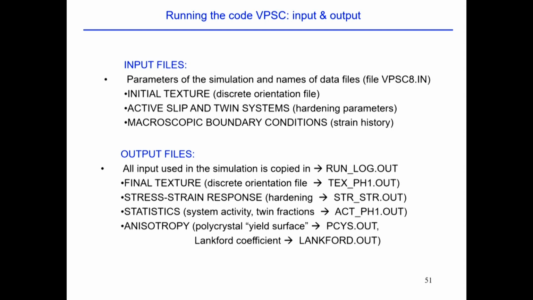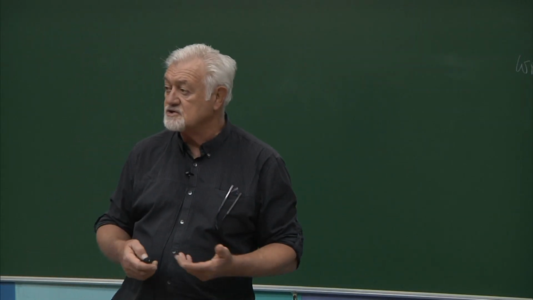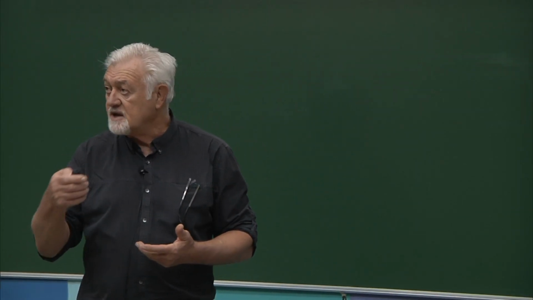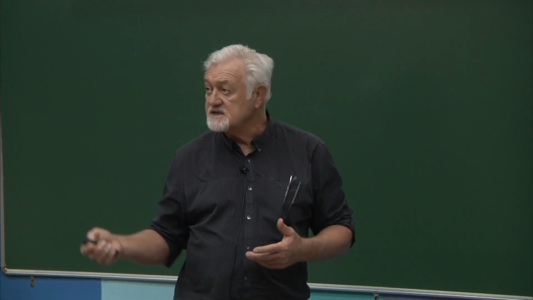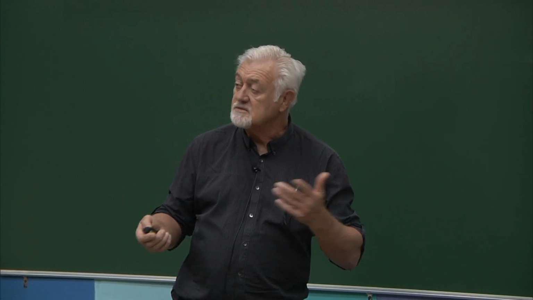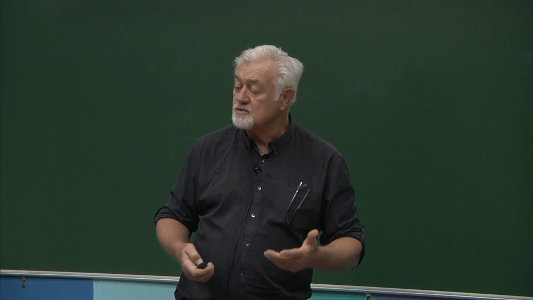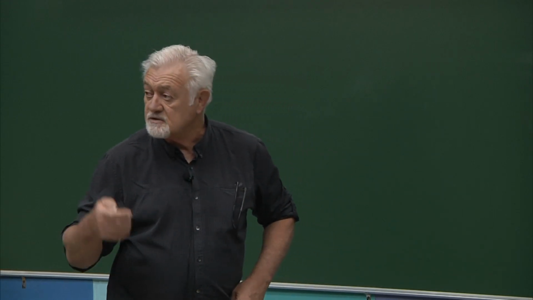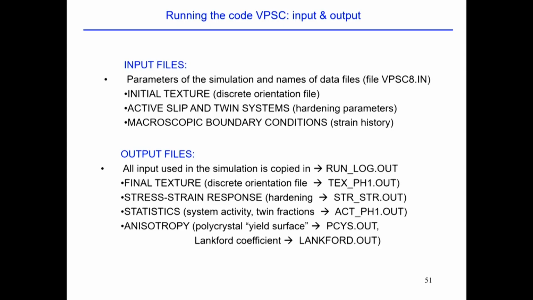You get the activity in the different slip and twinning systems. This is useful especially in non-cubic materials where you have different deformation modes and you want to know how much each one contributes. I don't know, in magnesium, how much the basal contributes as opposed to the pyramidal system or the prismatic system or the twin system, how much each of them is contributing to the particular deformation that you impose.